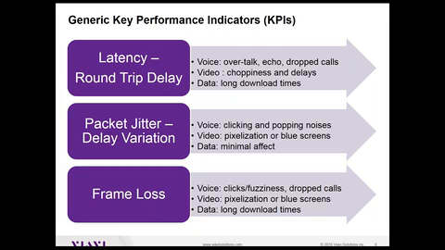From a packet jitter, packet delay variation perspective, on voice you're going to see clicking and popping noises as the codec attempts to deal with the random or prolonged delay. The codecs can deal with a little bit of packet delay and delay variation, but when it gets too big, they start to break down. Same thing on video. You'll see pixelization or blue screens.